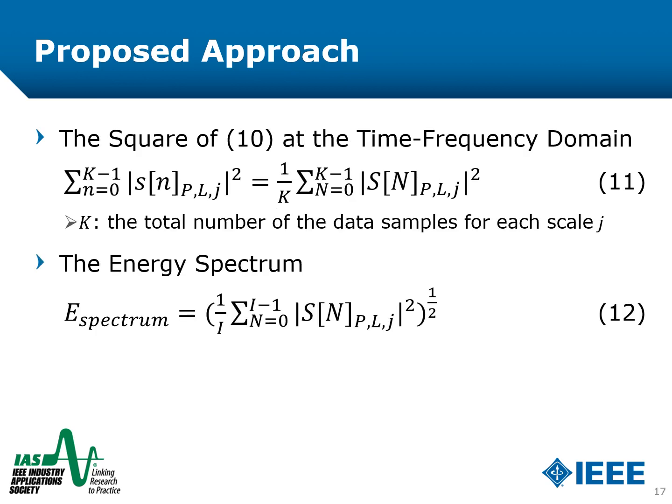The equation on the right side of the 11th expresses the arithmetic mean of the square of the 10th as the time-frequency domain. Hence, equation 12 represents the energy spectrum of the 10th for each scale. Besides, k is the total number of data samples for each scale j.